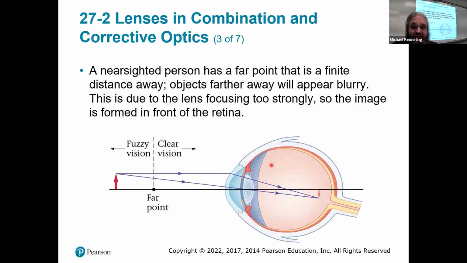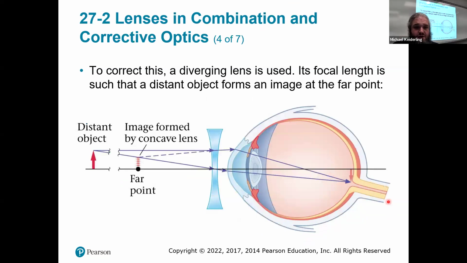So a nearsighted person has a far point that's a finite distance away. So objects further away will appear blurry. This is due to the lens focusing too strongly, so the image ends up formed in front of the retina. The solution here is you apply a diverging lens with a focal length such that a distant object forms an image at the far point.